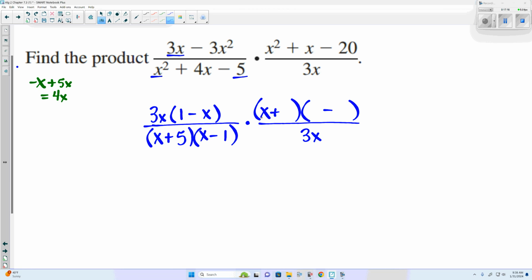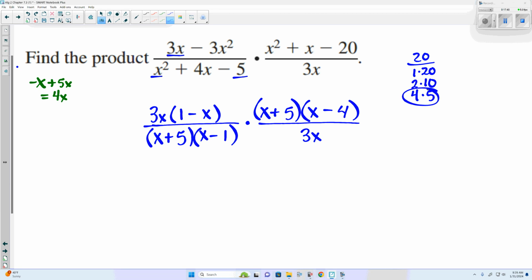Now if we look at this here, the third term's negative, so our signs are plus and minus. Factors of x squared are x and x. Factors of 20, 1 and 20, 2 and 10, 4 and 5. Which one looks like it could work? X plus 5 and x minus 4.